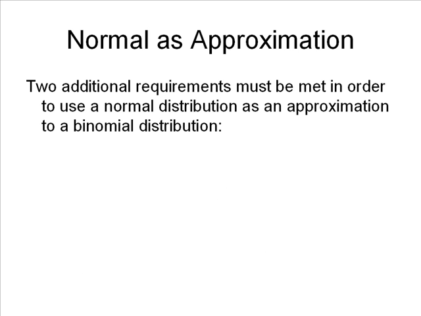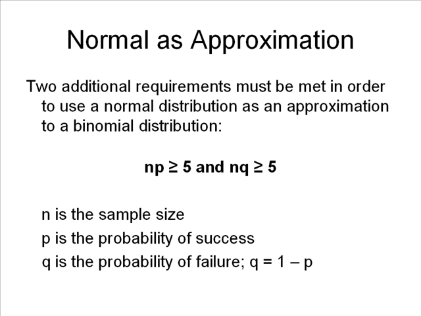Also remember that the normal distribution may be used as an approximation to the binomial if we have 2 conditions met: n times p is greater than or equal to 5, and n times q is greater than or equal to 5. Thus, we can use the normal as an approximation for the binomial probability distribution.